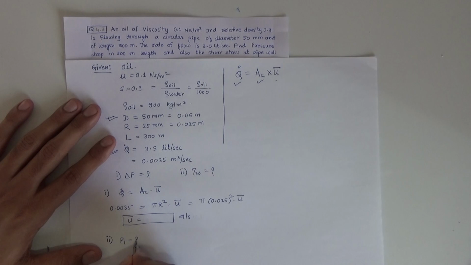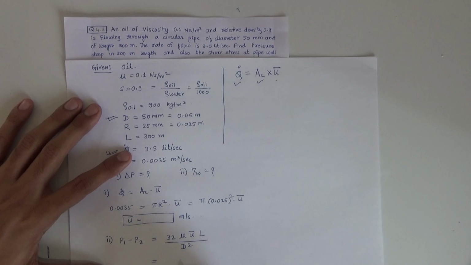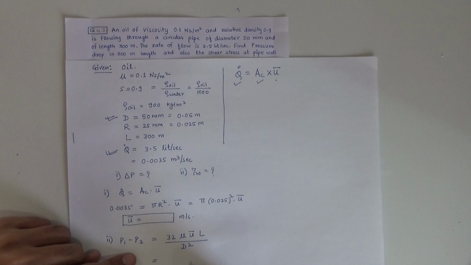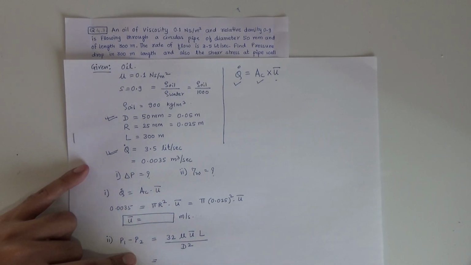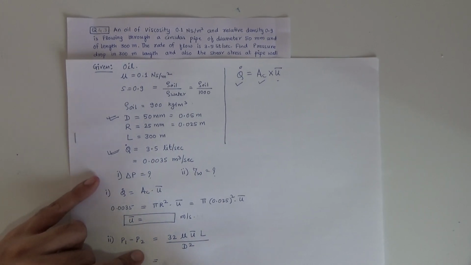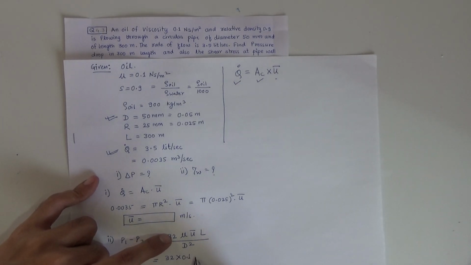P1 minus P2, the formulation for pipe flow, is 32 times mu into u bar L upon d square, which is the pressure drop. It is not mentioned whether to find this in Pascal or in meters of oil column. They have asked us to find the pressure drop only, so we'll straight away find it in Pascals. So 32 times mu, which is 0.1 Newton second per meter square, into u bar, into L, which is given as 300 meter.